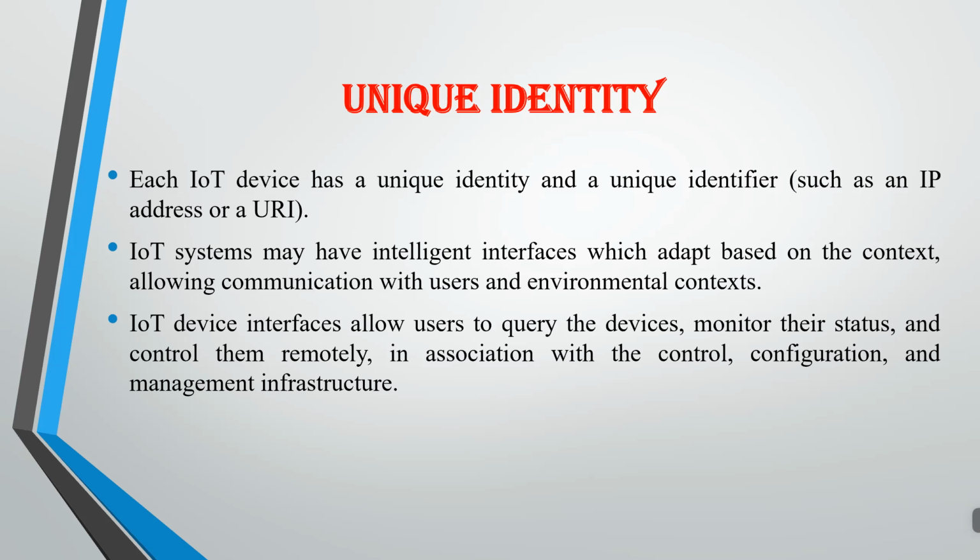These interfaces are connected to the internet, and of course they use communication protocols so that they are identified uniquely. The IoT device interfaces allow users to query the devices, monitor their status, and control them remotely.